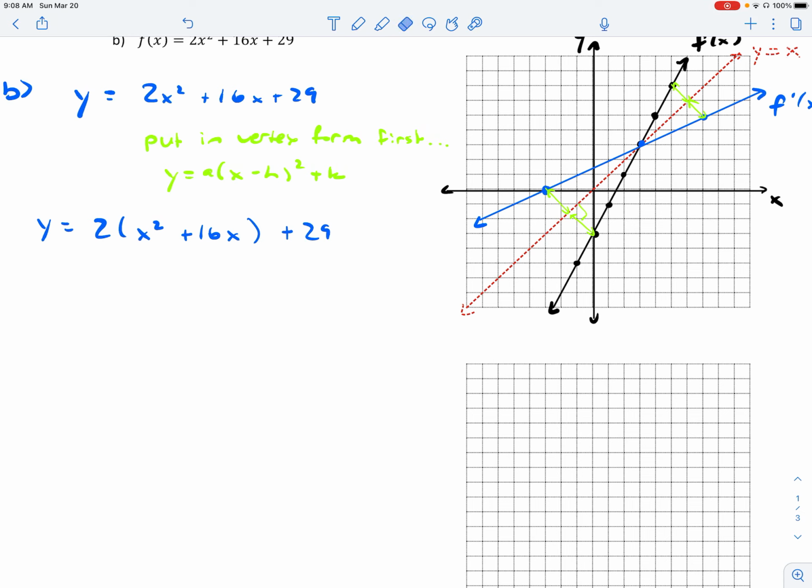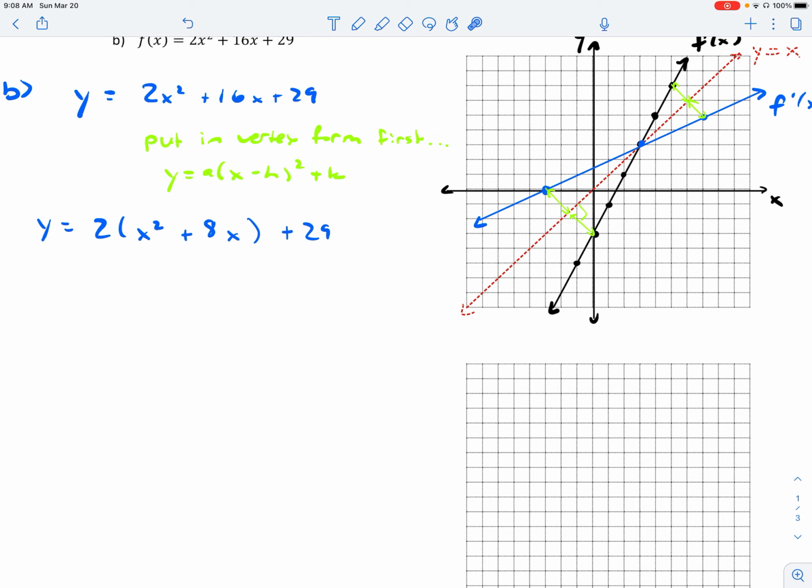And I just noticed I forgot to divide that by 2. So that should be an 8. Okay, apologies for that. So we're dividing the first two terms by 2 because we factored out 2. So 2x squared divided by 2 is x squared. 16x divided by 2 is 8x. Okay, you can always multiply this in, and you should get exactly what you have up here.